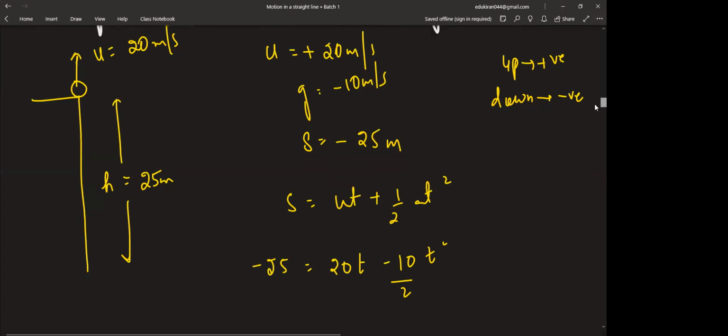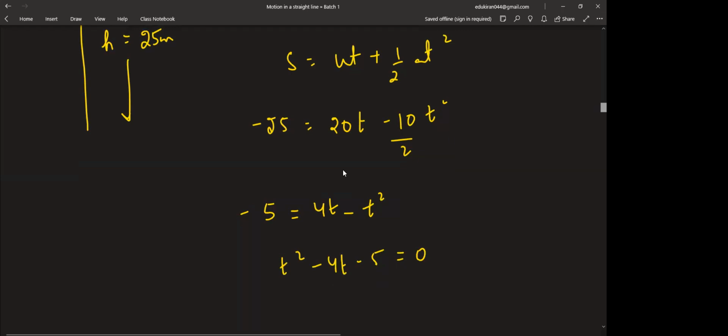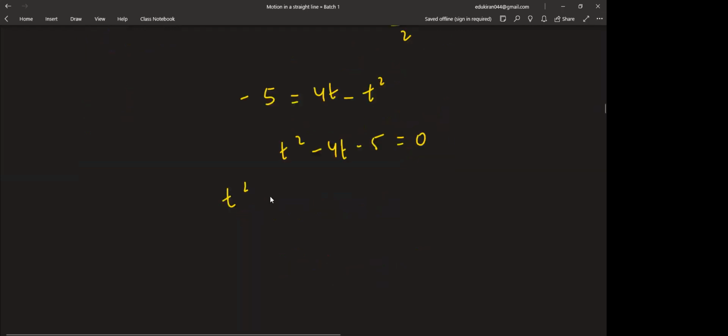If I take 5 common, I'll be left with minus 5 equals 40 from here minus t squared. So t square minus 4t minus 5 is equal to 0. Let us split the middle term. So t square minus 5t plus t minus 5 is equal to 0.